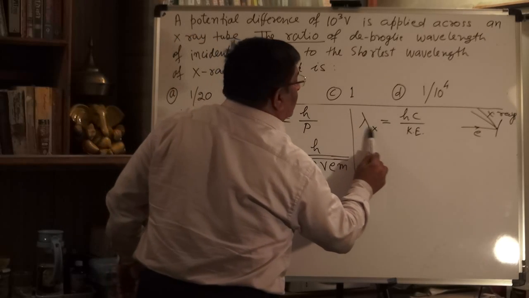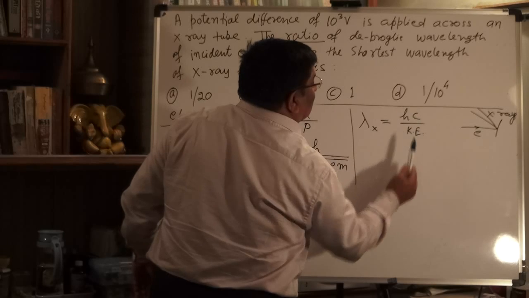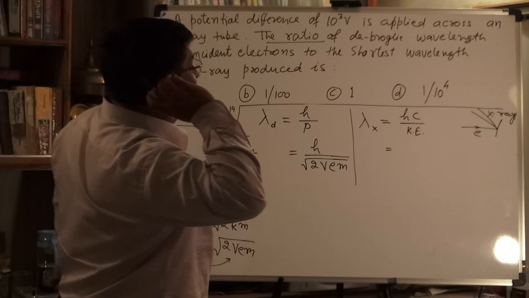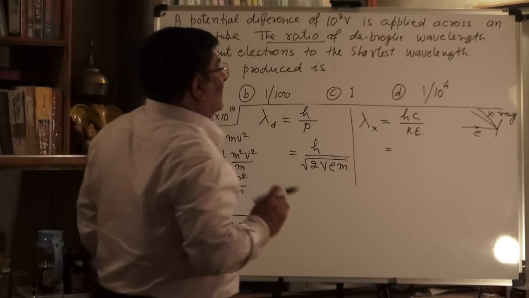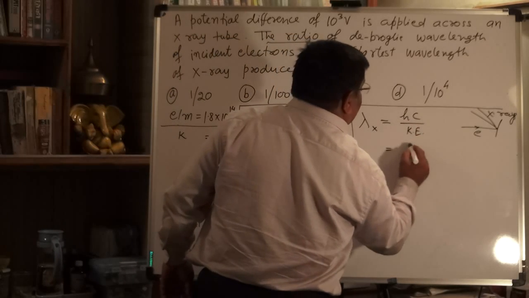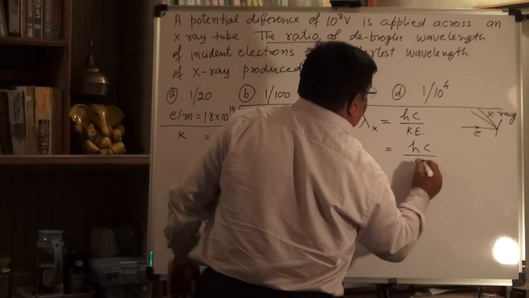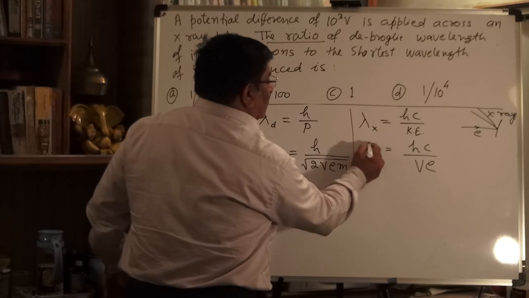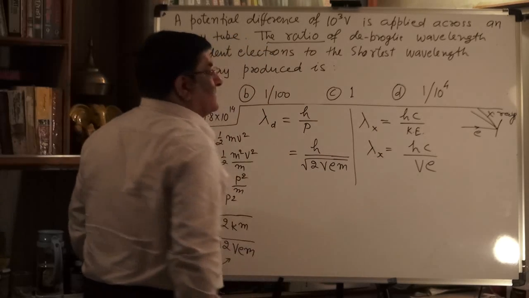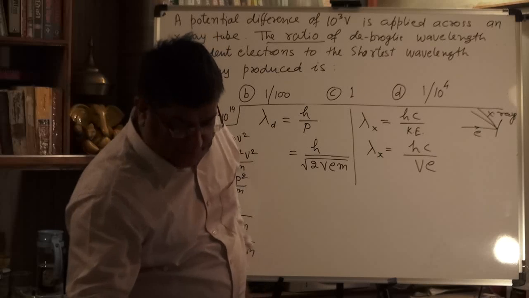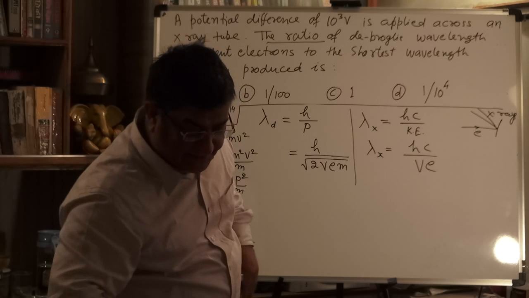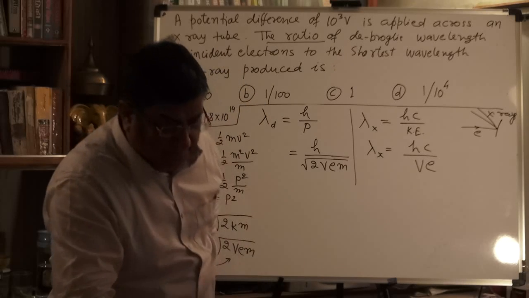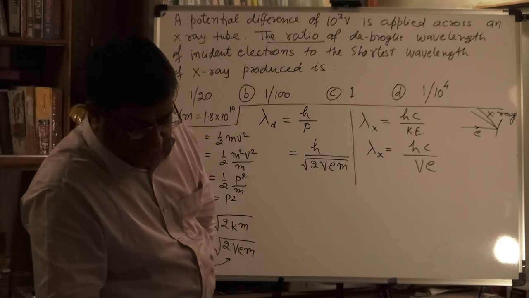Now we go to lambda for X-rays, hc upon kinetic energy. Here kinetic energy we can again convert, so it is hc upon V into e. Okay, this is lambda x. Now this lambda x we have converted, and now we have to compare the two.